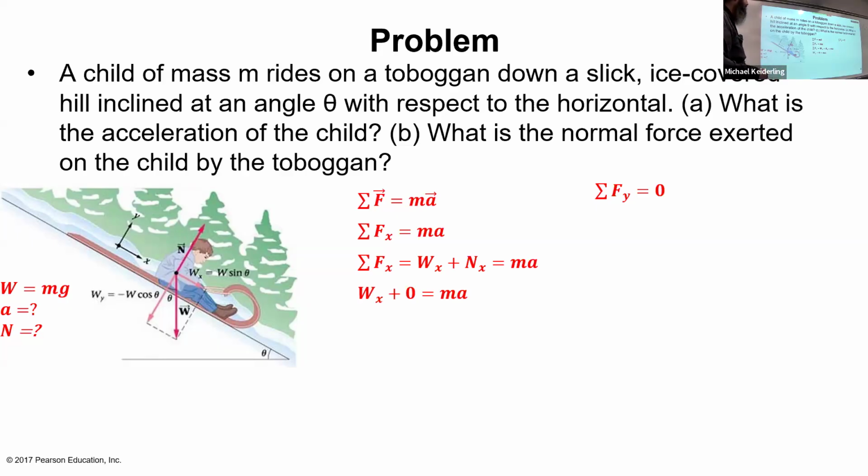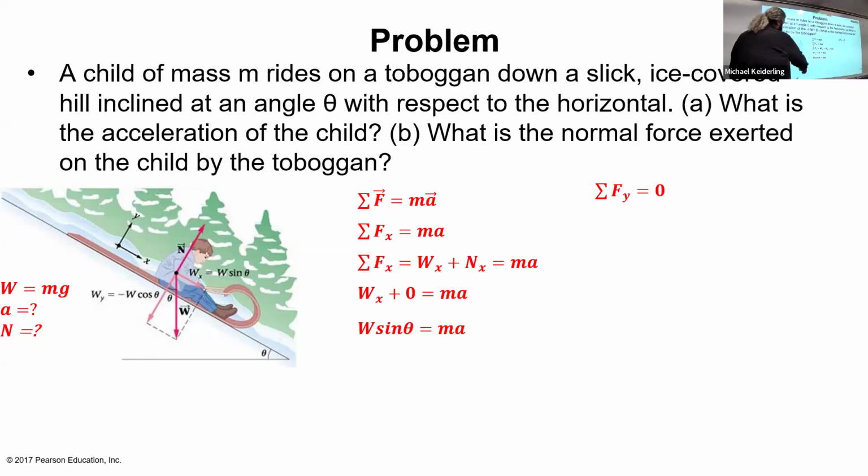The x component of the normal force is 0, because that normal force is perpendicular to the slope, so it has no component down the slope. So the x component of the weight will just equal mass times acceleration. The weight times the sine of the angle of the slope equals mass times acceleration.